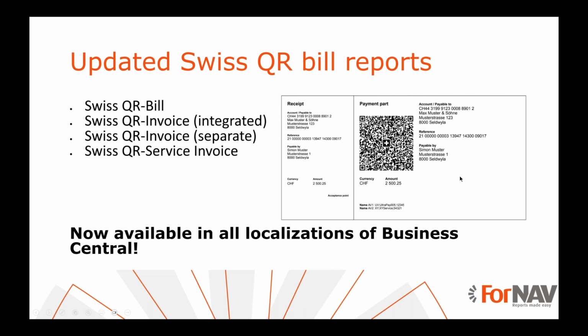Another reason why we created this is that Microsoft also has a Swiss QR bill in their Swiss localization. But since they don't have the correct barcode to put in, they create a bitmap. The problem with the bitmap is that if you print it out or view it in a PDF viewer, it changes the resolution and creates rounding errors in the bitmap.